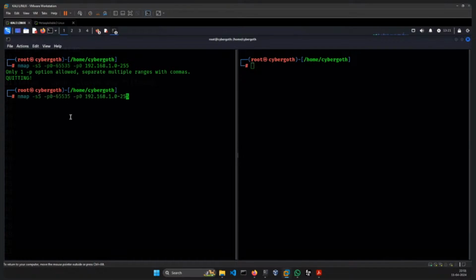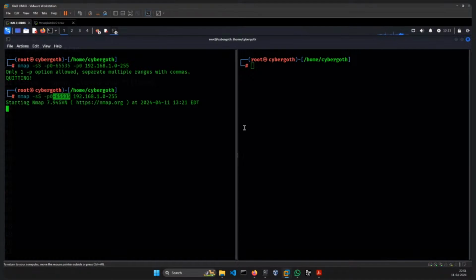Nmap, remove this. What this will do is go to each individual IP address and check all these 65536 ports, and it will bring out the result if some of them are open.